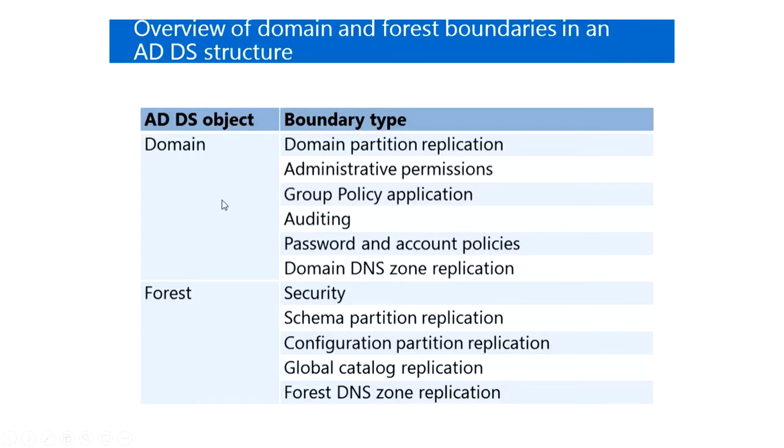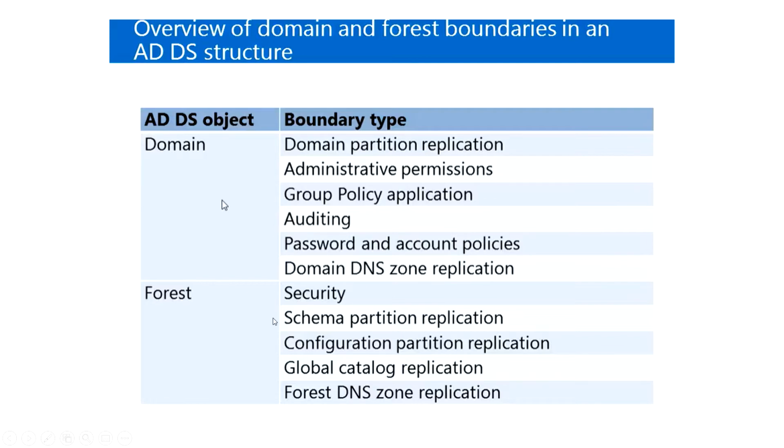The domain object covers the following boundary types: domain partition, replication across multiple sites, administrative permissions, group policy objects, auditing, then password and account policies, in case we want to implement any kind of password policies in the Active Directory, and domain DNS zone replication.